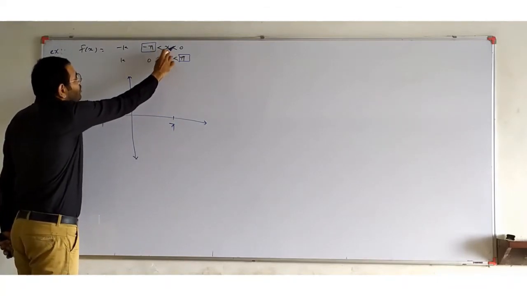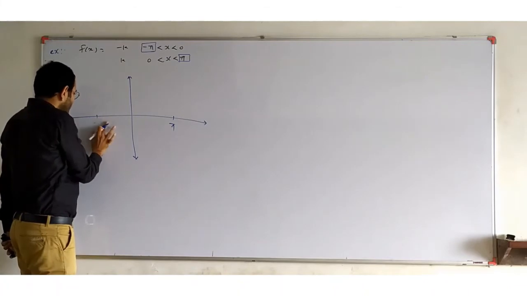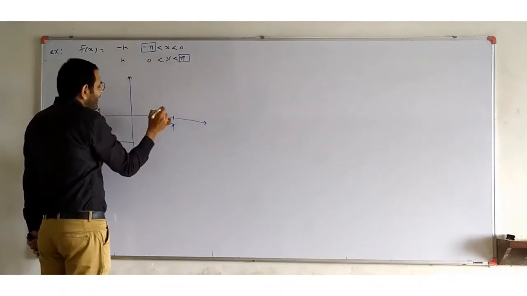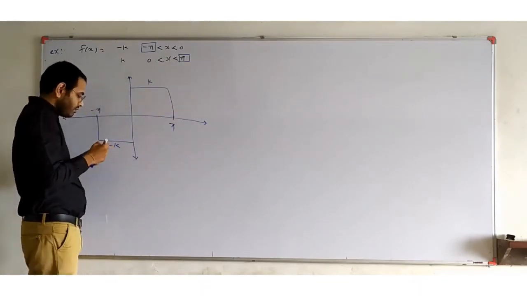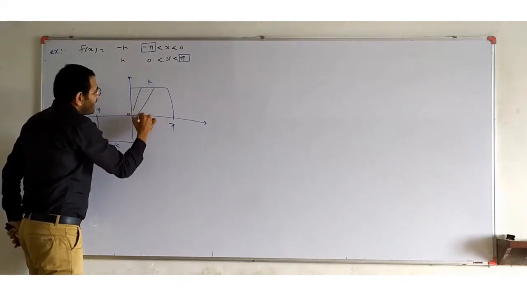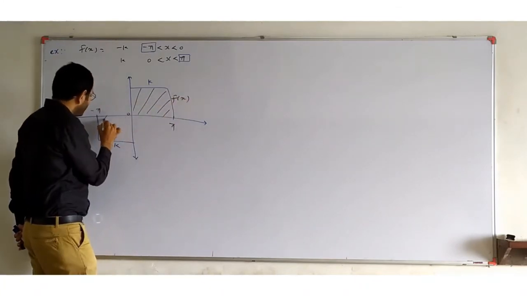In the interval of minus pi to 0, the function has value minus k, and from 0 to pi the function has value k. That is our supposed function.